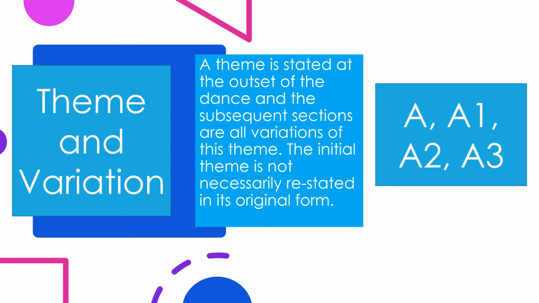You'll create a section where you just show your theme. Then you can move on to a different development, but keeping that same theme that you've originally stated. So make that theme clear in your original A, and then develop that idea into those next 3 sections.